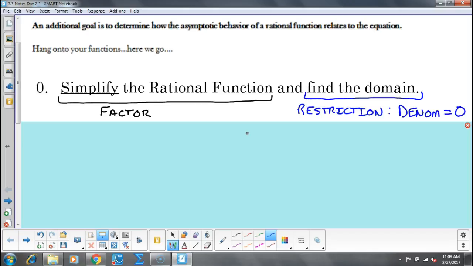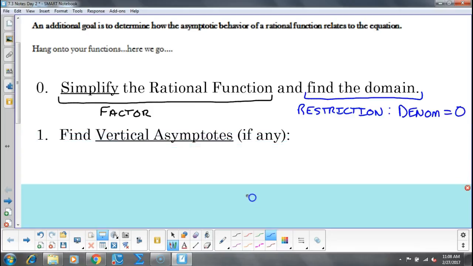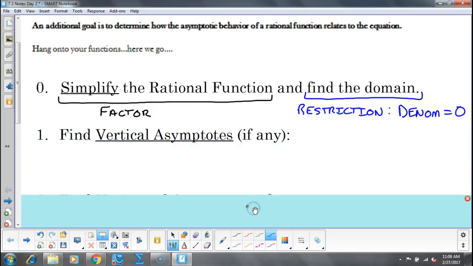Okay. All right. So first step, or really the 0 step. The reason we do it the 0 step is because we need to do it before we can even start. We gotta factor that. We'll get more into that later on this week, where it'll definitely help you to factor first. But that's why we call it the 0 step. Then our first step is we are going to find any and all vertical asymptotes.